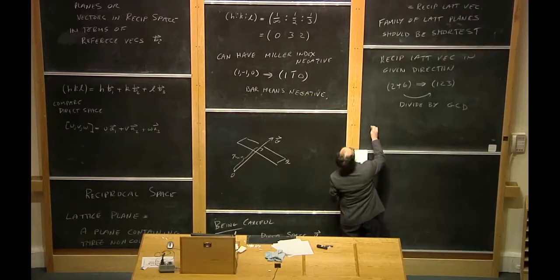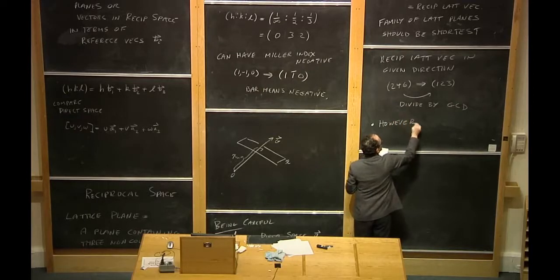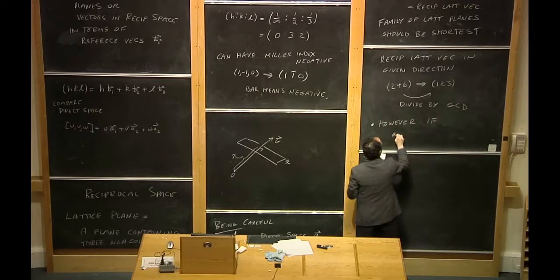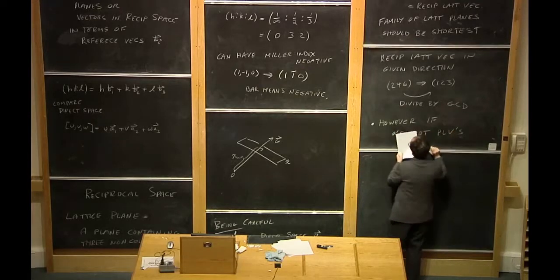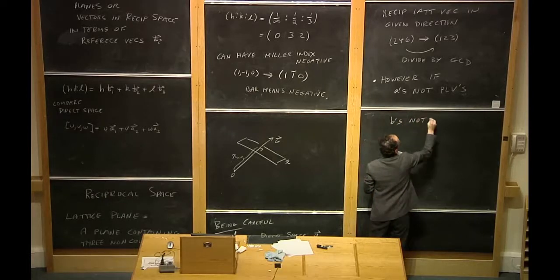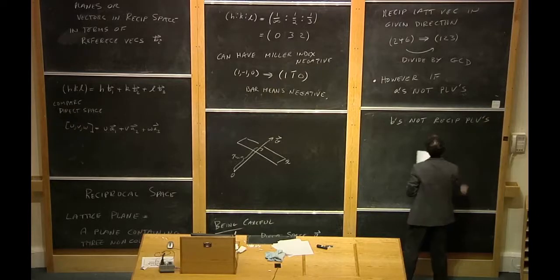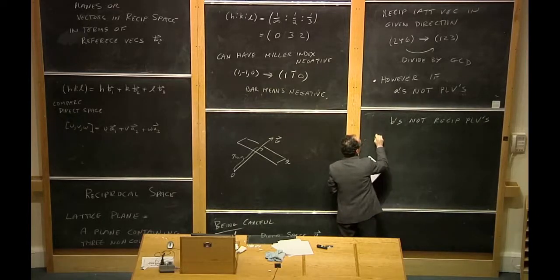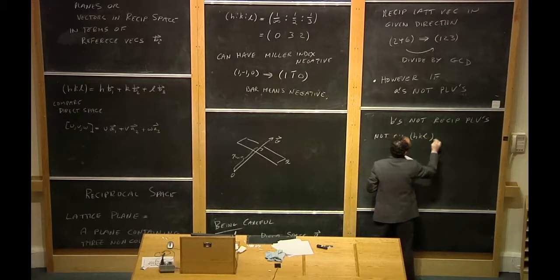However, if the A's are not PLVs, then the B's are not reciprocal PLVs, which means that not all HKL are reciprocal lattice vectors.